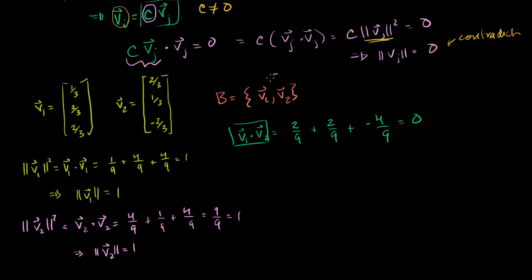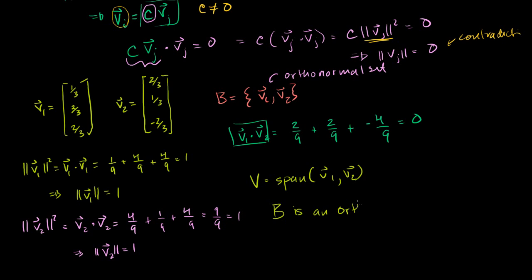So B is an orthonormal set. And if I have some subspace, let's say that V is equal to the span of V1 and V2, then we can say that B is an orthonormal basis for V.